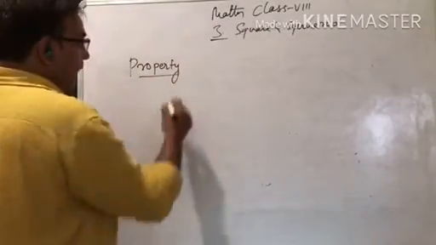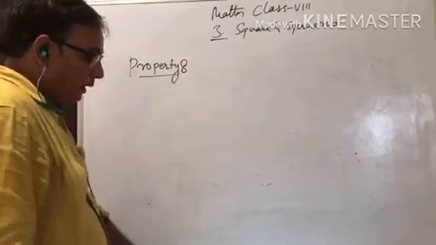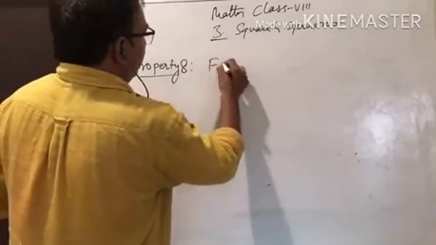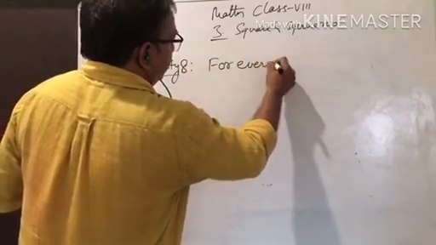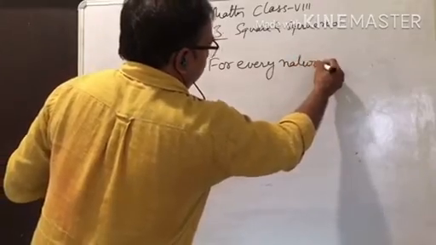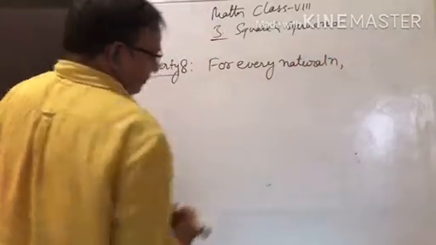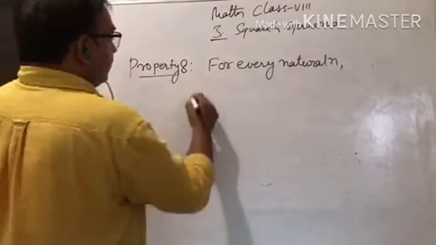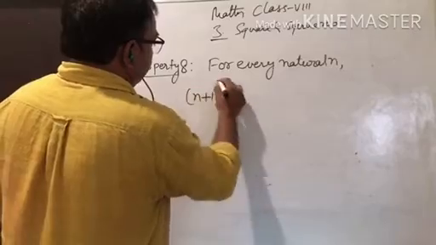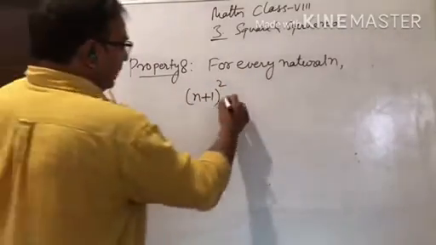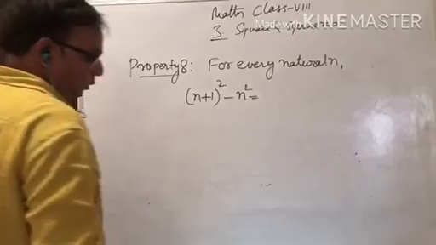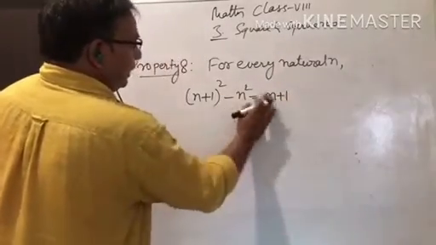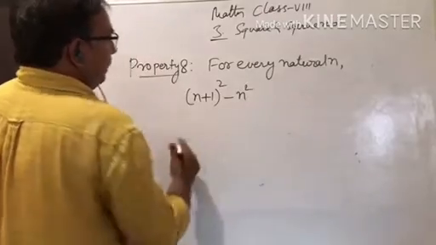Now the property number 8. For every natural number n, n plus 1 square minus n square is equal to n plus 1, okay, wait, I will explain a little bit more.